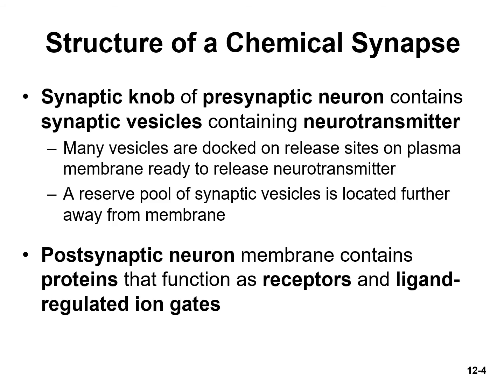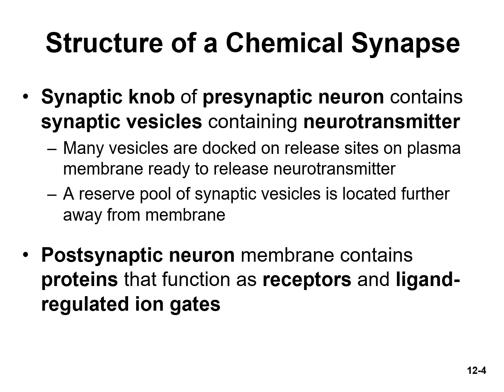The structure of a chemical synapse is going to be familiar to you if you remember our talk about the neuromuscular junction, but basically you have your synaptic knob of your presynaptic neuron containing these essentially little bubbles of neurotransmitter. So they have these little membranous vesicles that contain your neurotransmitter. And you have many of these vesicles docked on release sites on the plasma membrane that are ready to release neurotransmitter when a signal arrives and prompts them to do that.